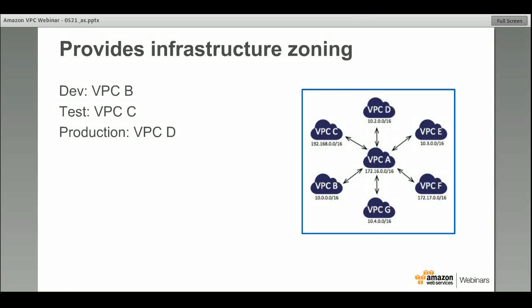Another use case that we see customers using VPC peering to provide is infrastructure zoning, where I might have, for example, a development VPC, a separate one for test, and a separate one for prod.